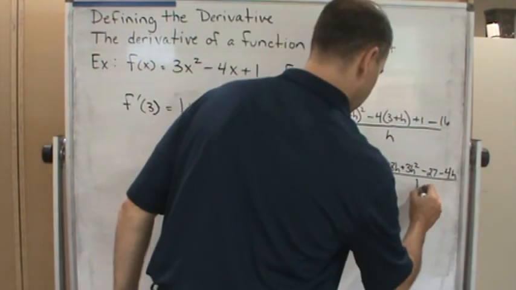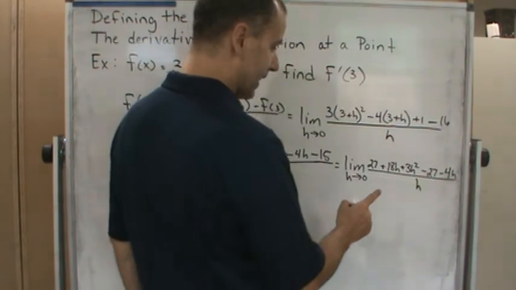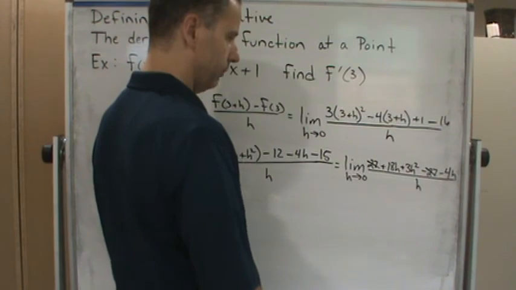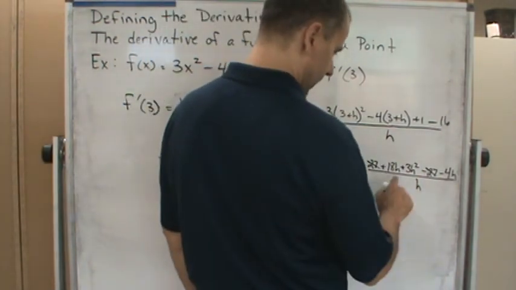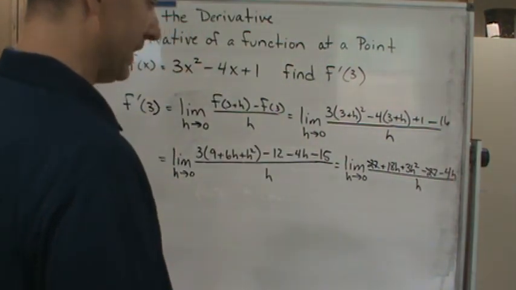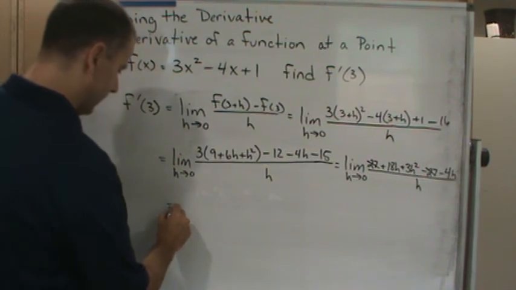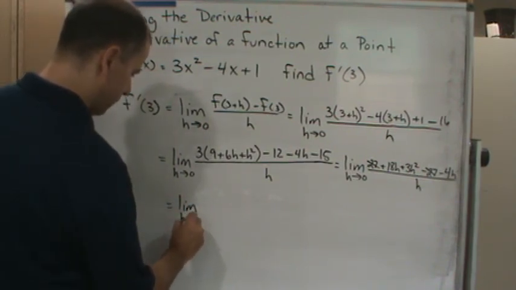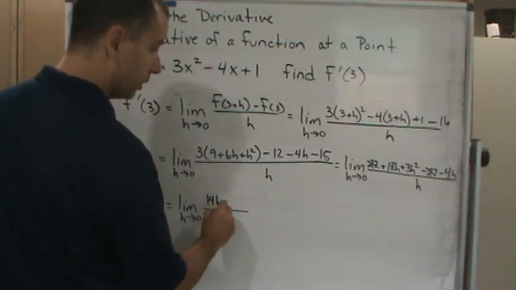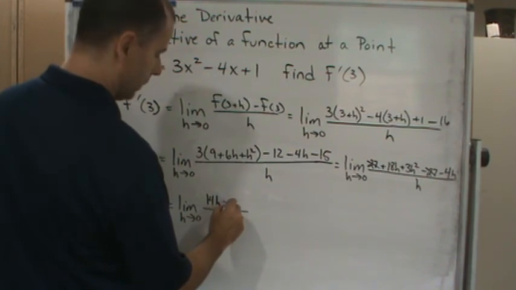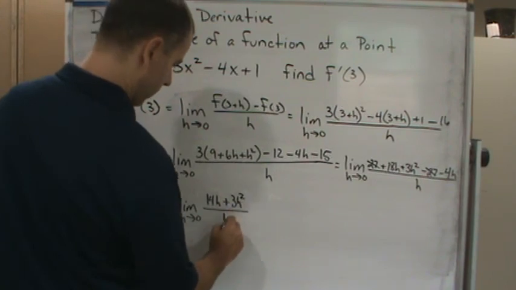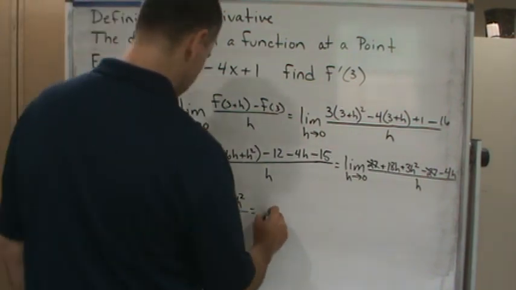Now, notice what happens in the top here. I get 27 minus 27, which cancels each other out. And then I get an 18h minus 4h, which gives me a 14h. So now I get the limit as h approaches 0 of 14h plus 3h squared over h, which then I can factor out an h from the numerator.